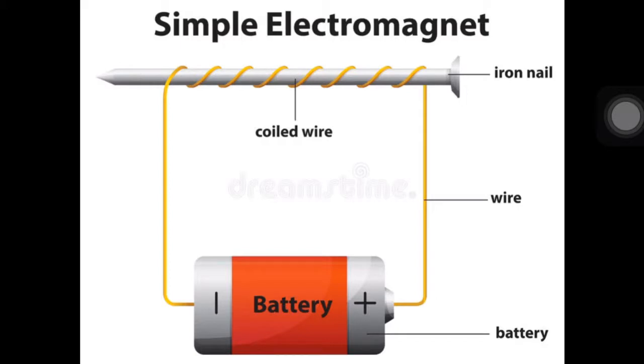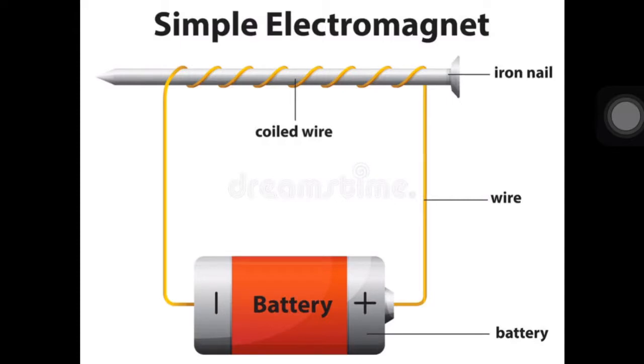So only when the electricity flows through this coiled copper wire, it will act as a magnet. Otherwise, it will not act as a magnet. That's why we call this electromagnet a temporary magnet.